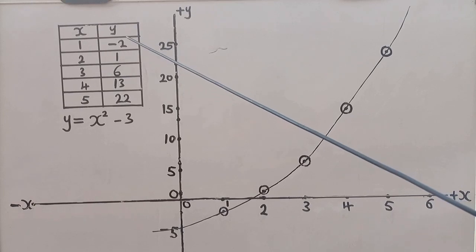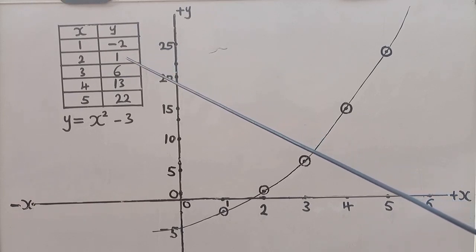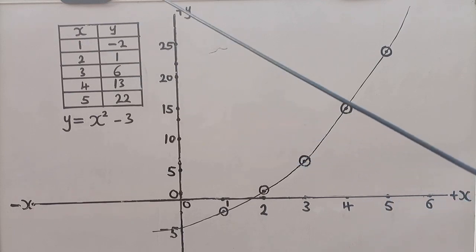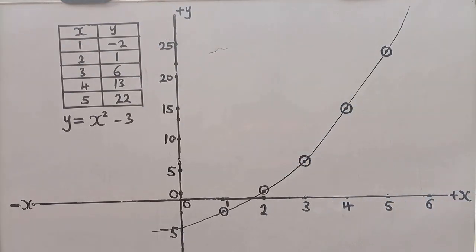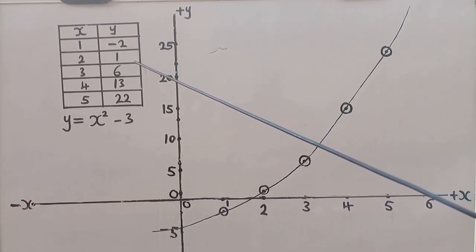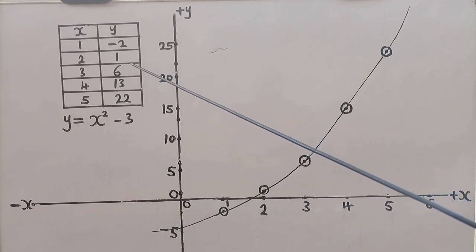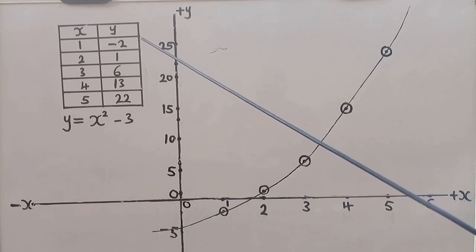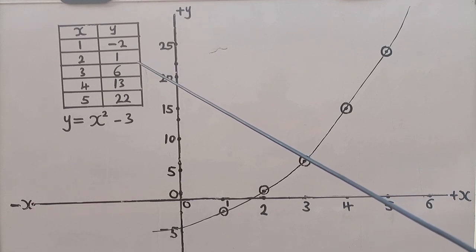If, for instance, from here to here is 3, and from here to here is 2, and here to here is 5, in that manner that fluctuates, we may not say that the sketch you're going to get from such a trend will be non-straight. But just know that the increase is not constant. Instead, the change in y is increasing from the smallest to the highest values without anything called fluctuation.